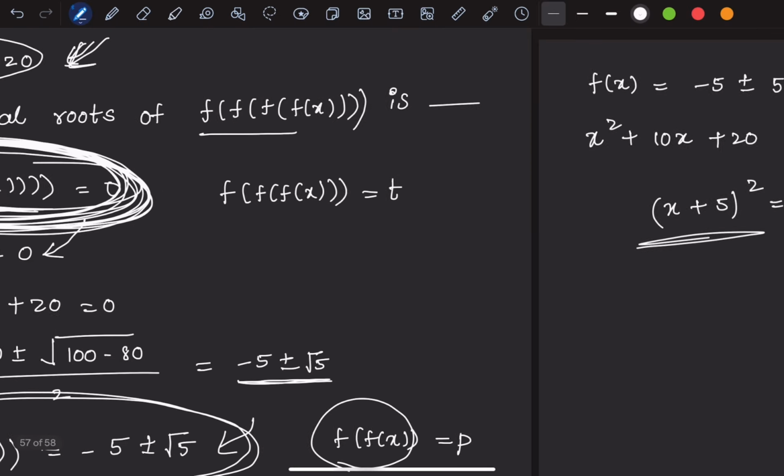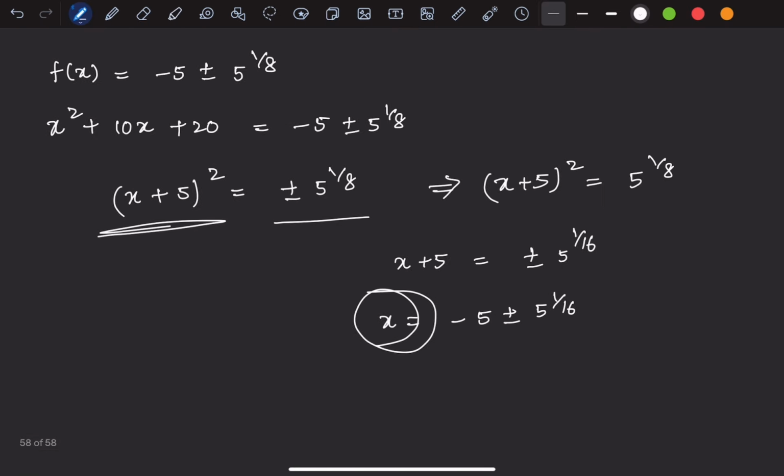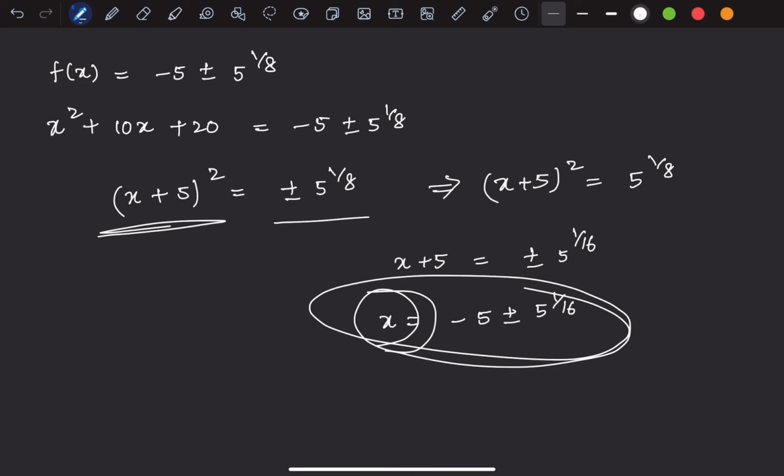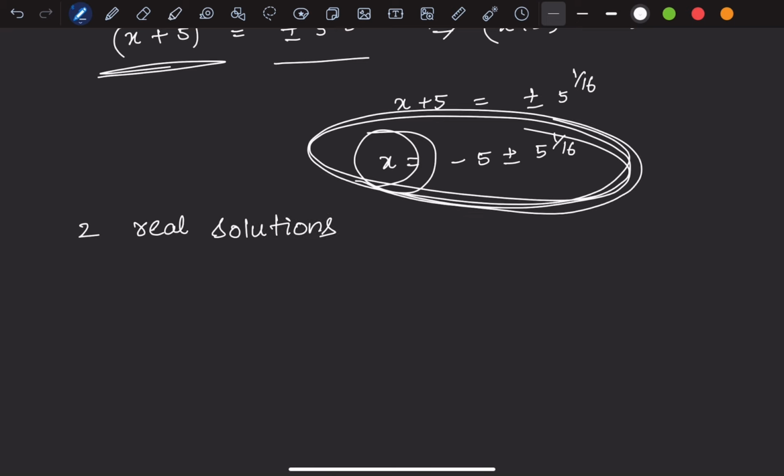So your f of x becomes 0 only when your x becomes these two values, and these two are real values. So we can conclude that there are only two real solutions for f of x, and those real solutions are minus 5 plus or minus 5 to the power 1 by 16.